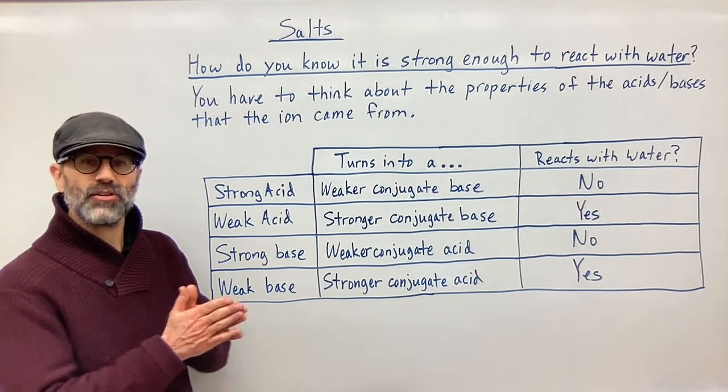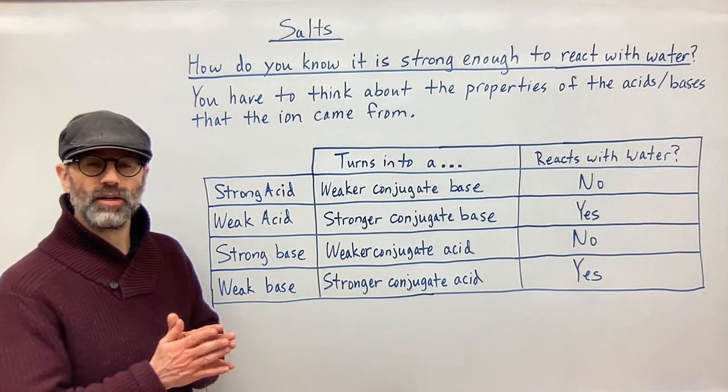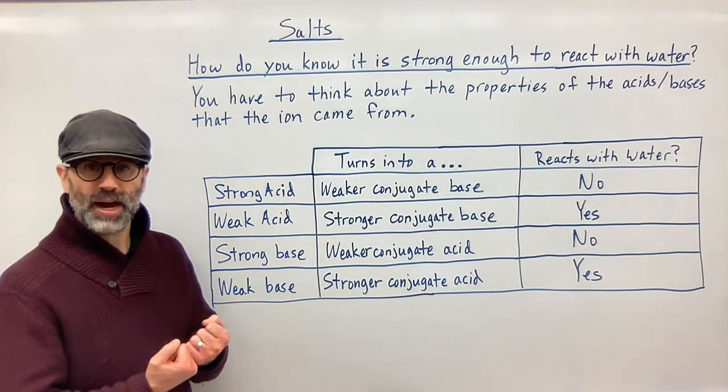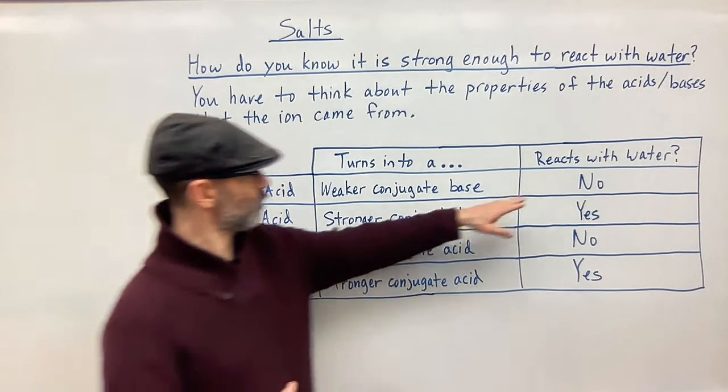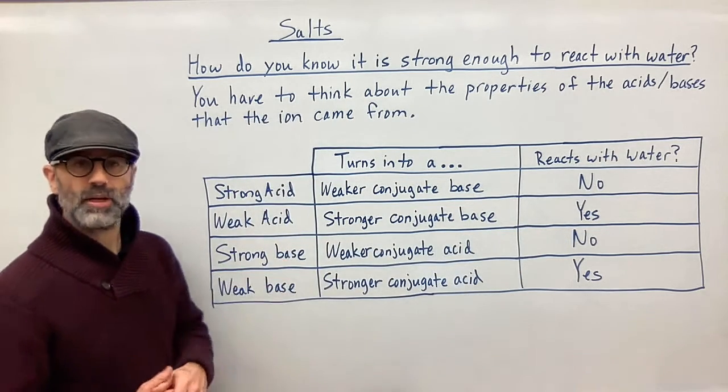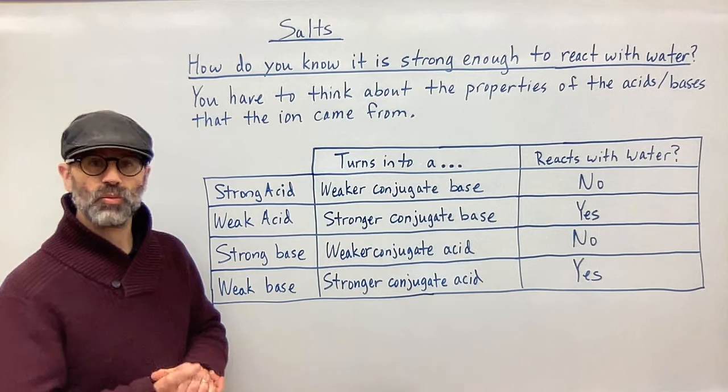That's why it is completely dissociated in water. So it's not going to be strong enough to pick up a hydrogen from water, so it's not going to react. Same thing with a strong base, completely dissociated in water.